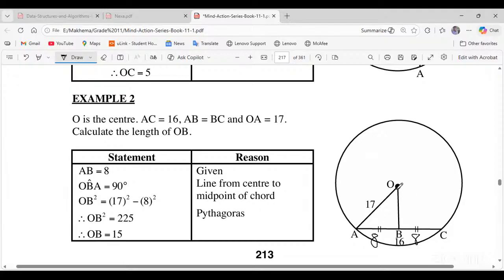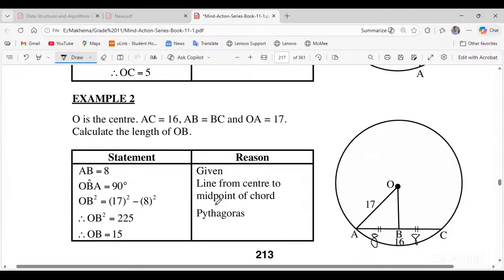And OA is 17 units. Calculate the length of OB here. Okay, now, why will we say AB is equal to 8? Because we're given a line from the center to the midpoint of the chord, meaning this is the midpoint of this line. This divides the line into 2 equal parts.